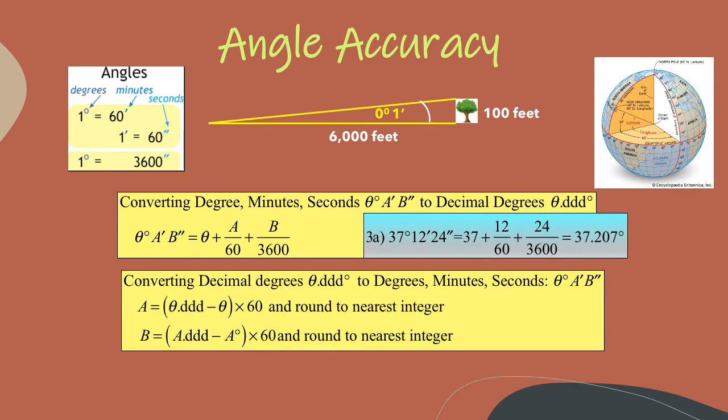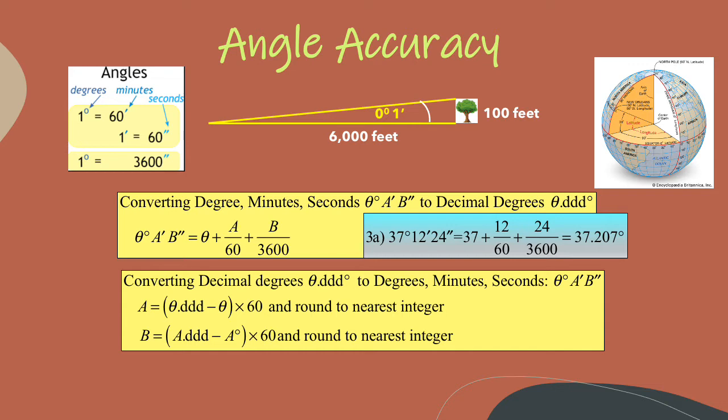So converting decimal degrees, theta point DDD degrees, to degrees, minutes, seconds, theta degrees, A minutes, B seconds, is a little bit more involved. We know the theta. To find A, simply take the theta point DDD and subtract theta.